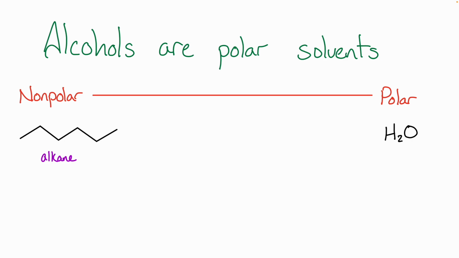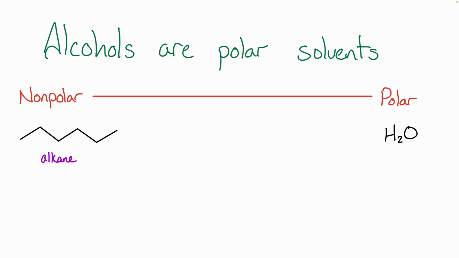Water is a very famous polar solvent. Our alcohols are very close to that polar end, but not quite all the way. Exactly where that alcohol is going to fall on this spectrum is really going to depend on the identity of the alcohol itself.